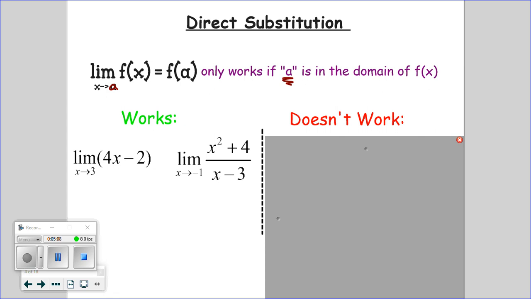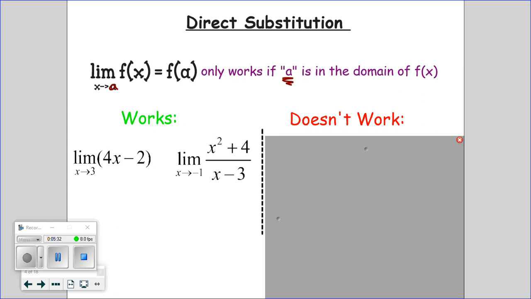Fractions, rational expressions, have domain restrictions. But this does not fall into that domain restriction, right? All I have to do on a fraction is check, can I plug this into the bottom and still get a number? Yeah, we have to be careful on a fraction that it's not a 0, right? But if I can plug this in and still get a number, no problem, still do direct substitution.